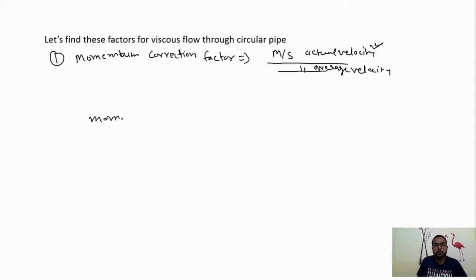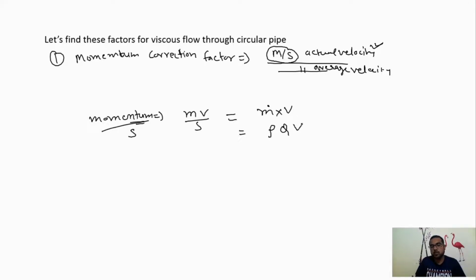What is momentum? Momentum is mass into velocity, and here we need momentum per second, which is divided by second. This can be written as mass flow rate into velocity. And mass flow rate is density into discharge. So this is your momentum per second.